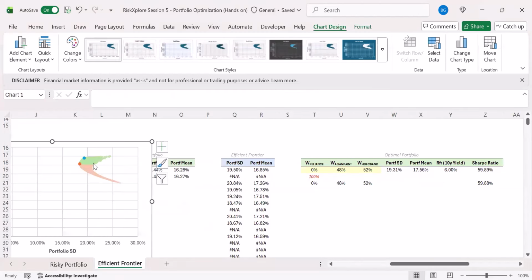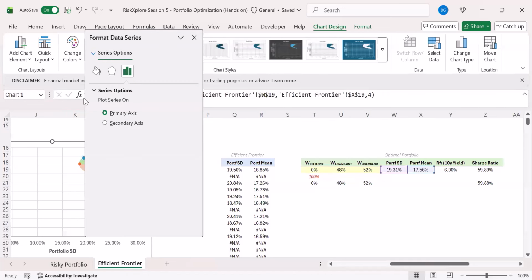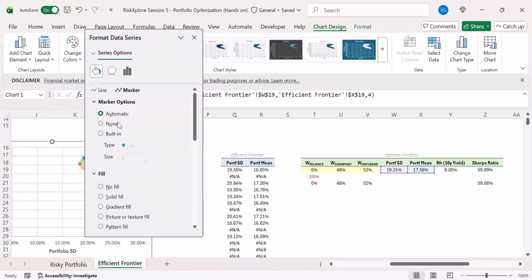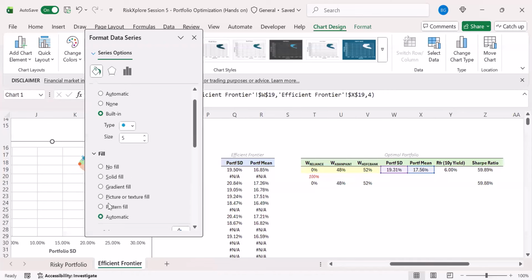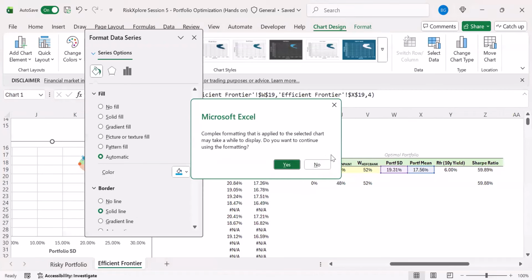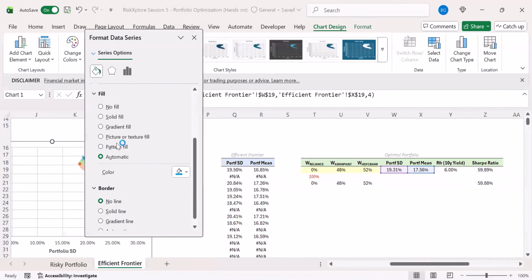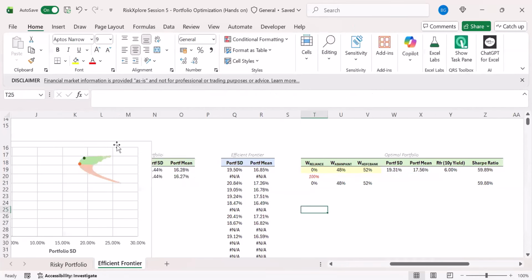Okay and okay. So we have optimal portfolio lying somewhere here in the entire series, right? And we can change its color as well. So we can go to marker. We don't want any line, solid fill, and let's say we give it this color. So this is the optimal portfolio that we have here.